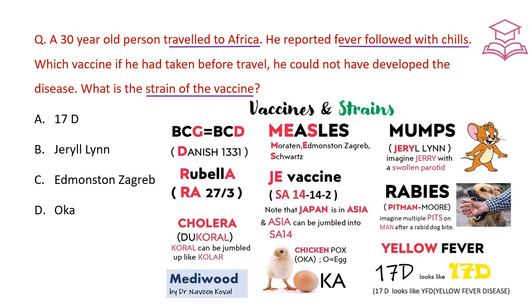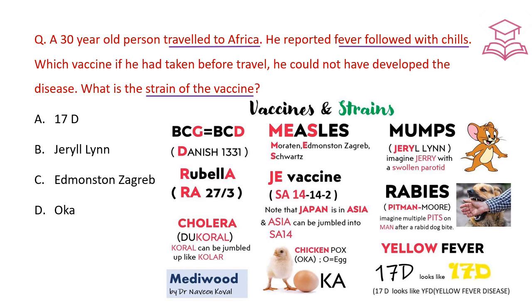Commonly, we have Edmonston Zagreb strain. Then for mumps, just imagine Jerry with a parotid gland. So it is Jeryl Lynn strain. Now rubella, R and A, RA 27/3. Then JE vaccine. Japan is in Asia, and we can write Asia in a jumbled form as SA 14.